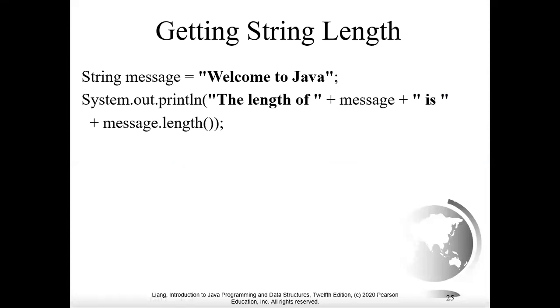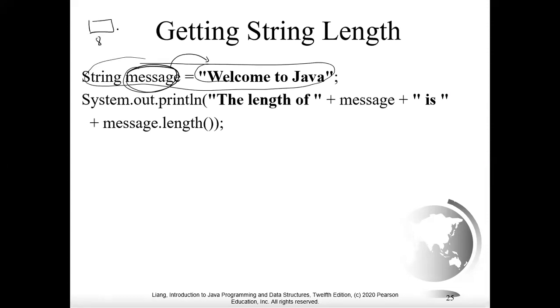Okay. So this one is a declaration, declaring a variable. What is the variable here? Message is the variable. What is the content of the variable? When you write it like that, it allocates 8 bytes of memory, and in the heap somewhere you have "Welcome to Java", with an address like 5000 written down.